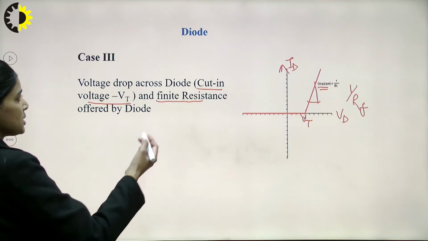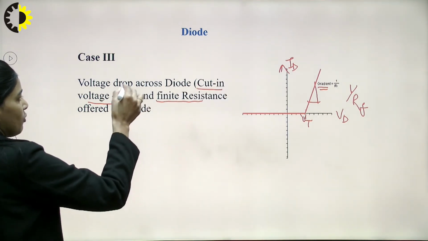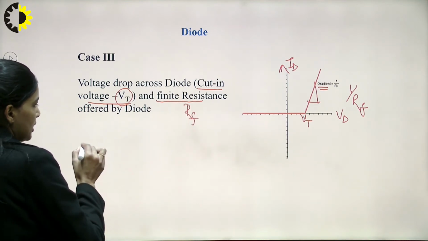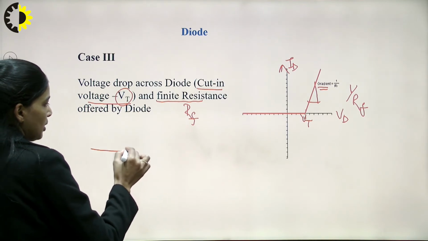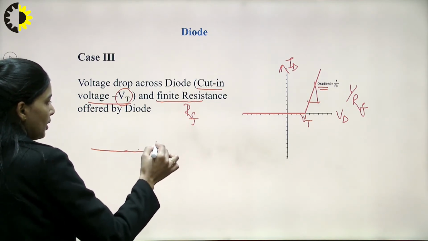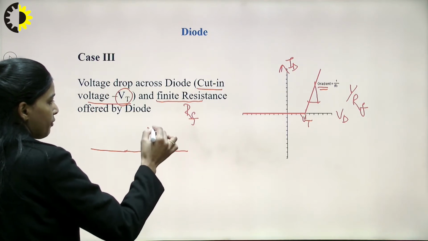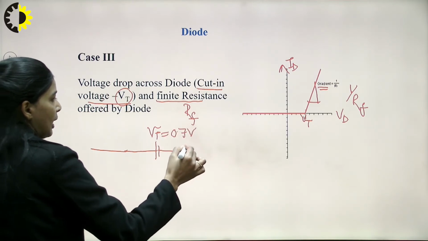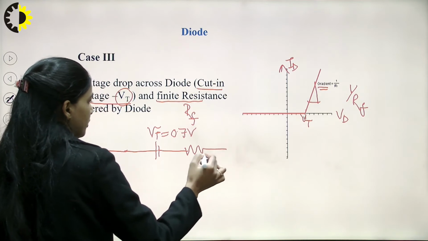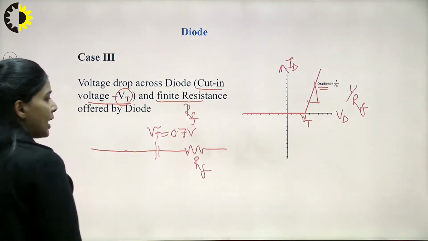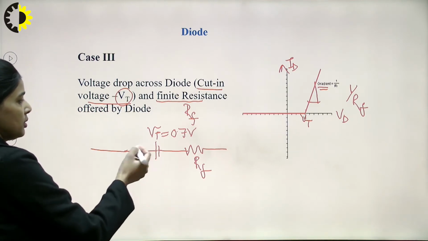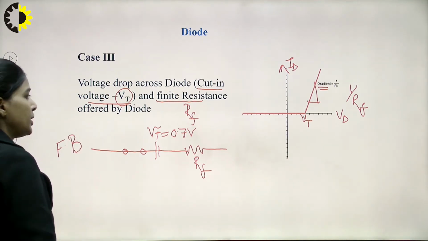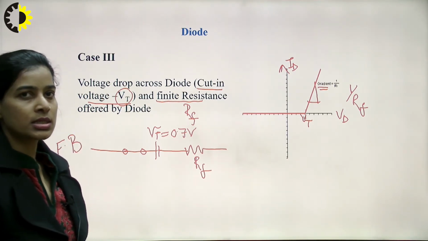And how can we represent this diode that has a cut-in voltage of Vt and some finite resistance Rf? If it is forward biased, then we can represent it with a closed switch having a potential drop of Vt, which we take as 0.7 volts, and a finite resistance Rf. In that way we can represent a diode that is forward biased and has a cut-in voltage of 0.7 volts with forward resistance Rf.